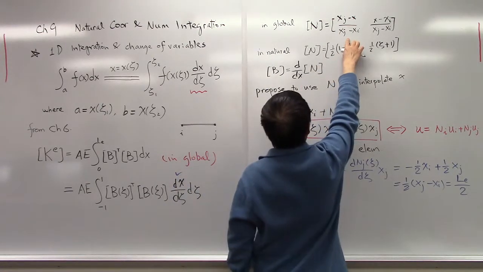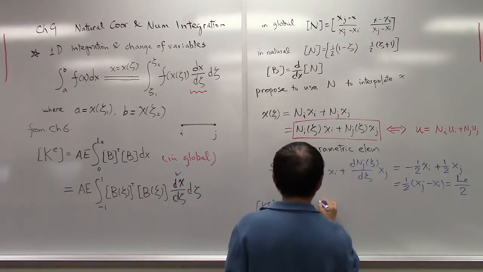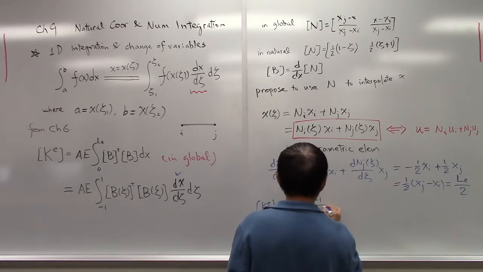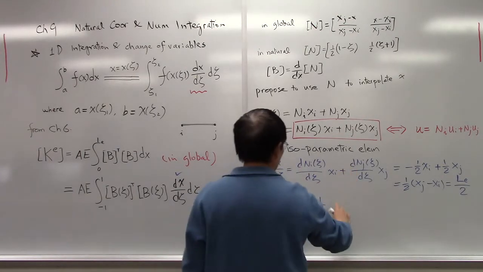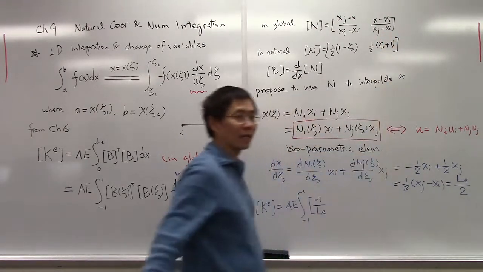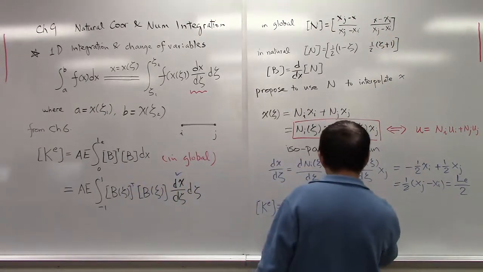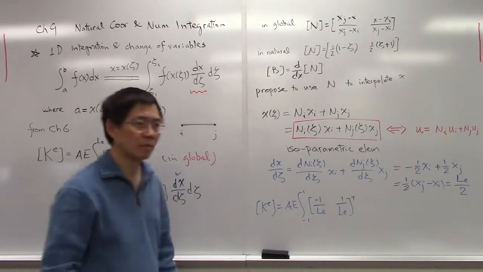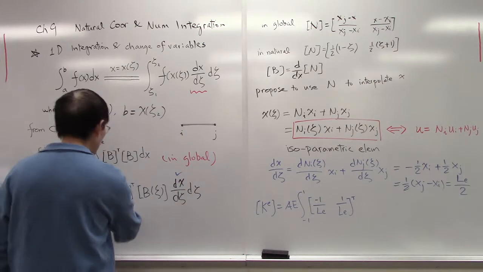When you plug in here, the first one is -1 over Le. The second element is this with respect to x, which is 1 over Le. So this is transpose. Okay, this is the B transpose.